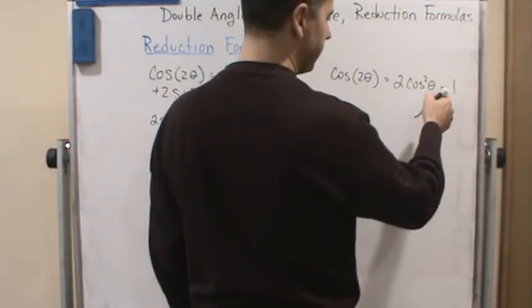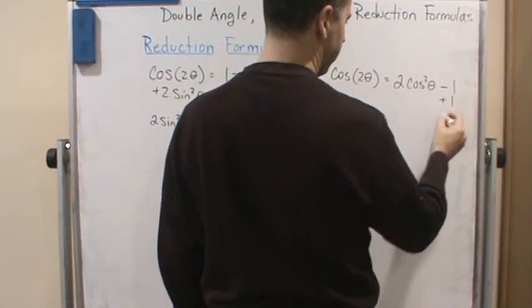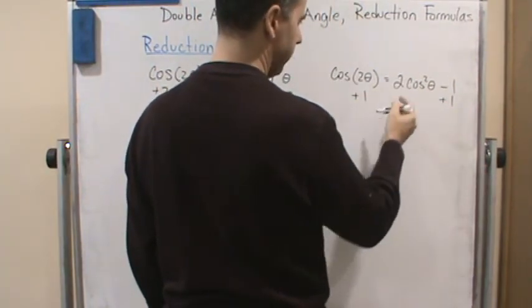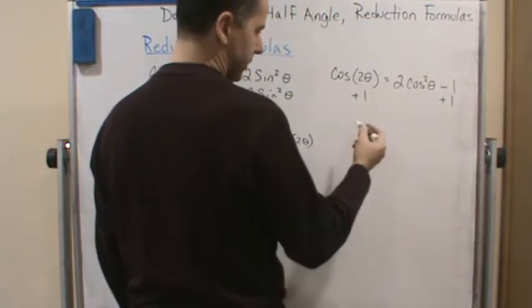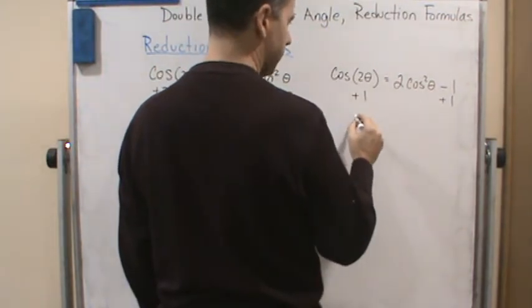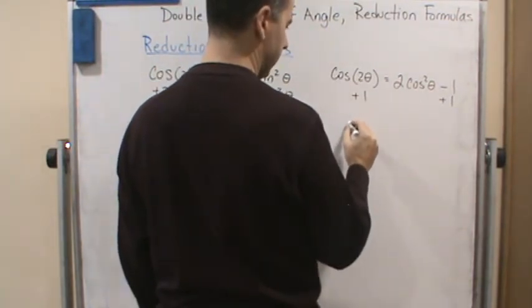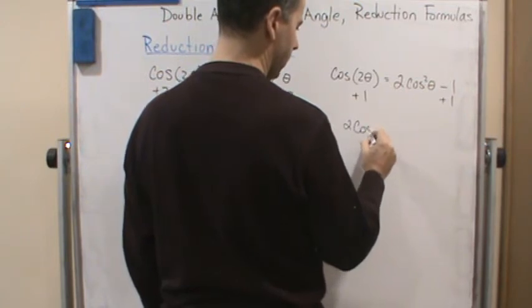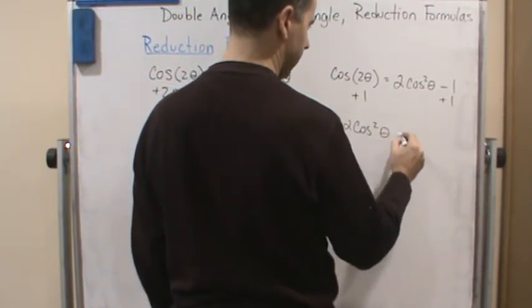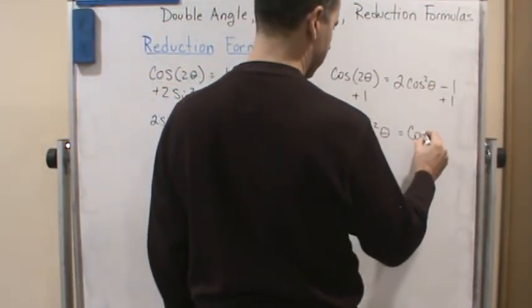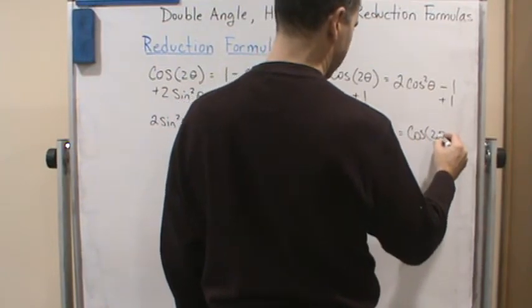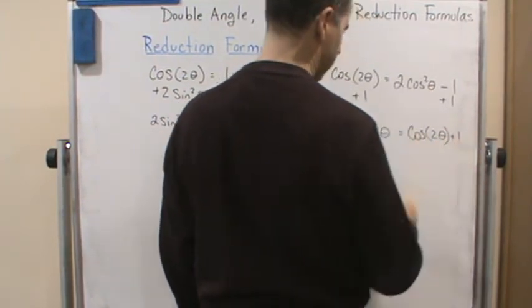In this case all I have to do is add 1 to both sides and then divide by 2. So this was, I guess, easier, if you will. So that means I'm going to end up getting 2 cosine squared theta is equal to cosine 2 theta plus 1.